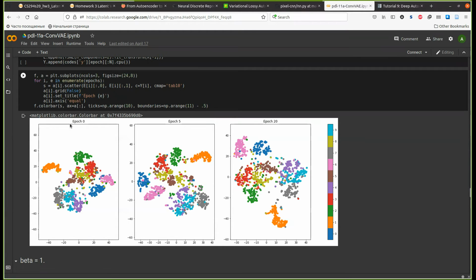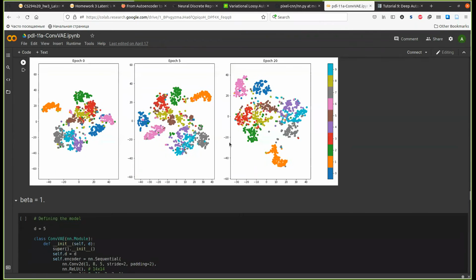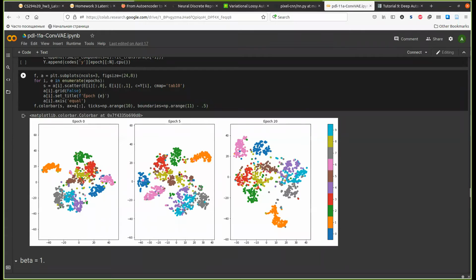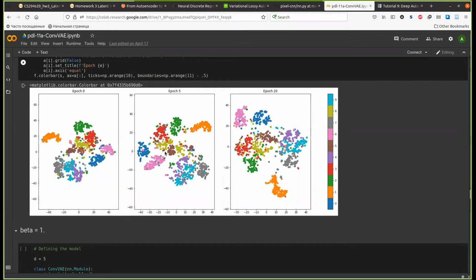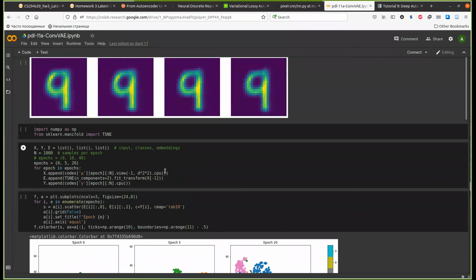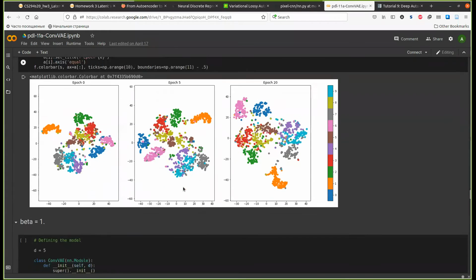It would probably be nicer if I shared the Y axis. I'll probably do it for the next session, and maybe we will go into more detail and play around with MNIST more, because it's really evident what is going on here, and then we can try to compare with a different dataset, like CIFAR-10.